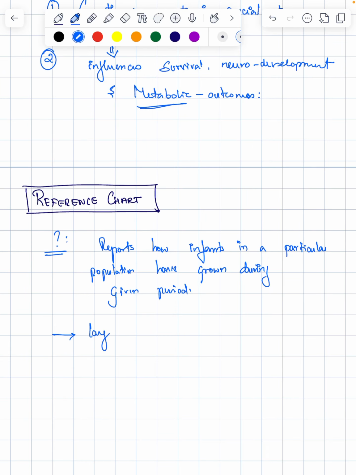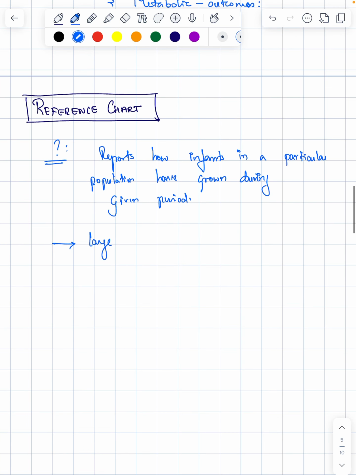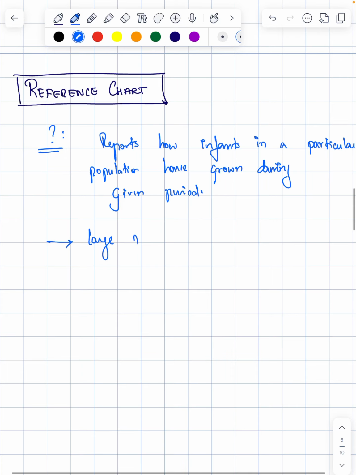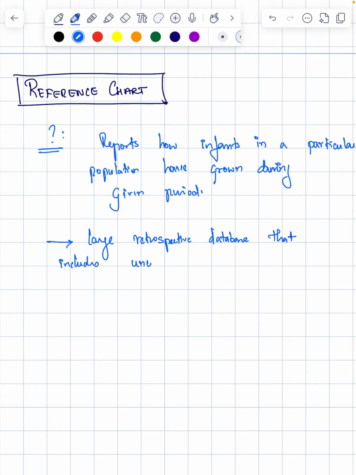So it is a large retrospective database that includes both your uncomplicated and high risk pregnancies.